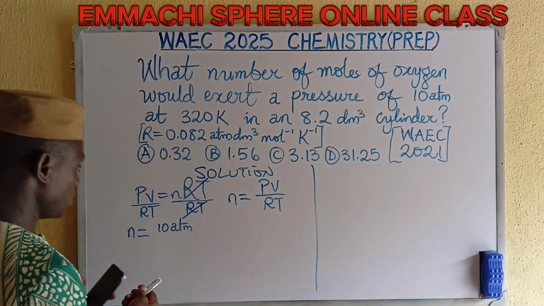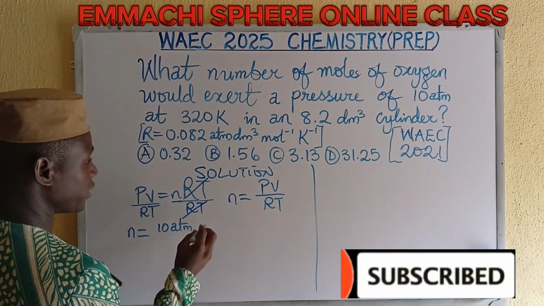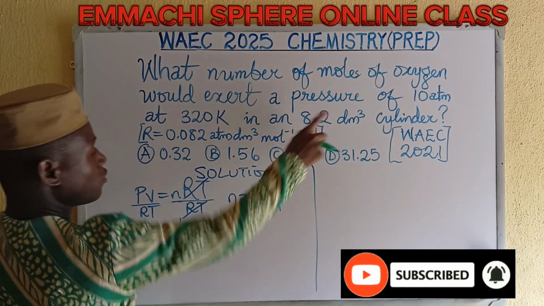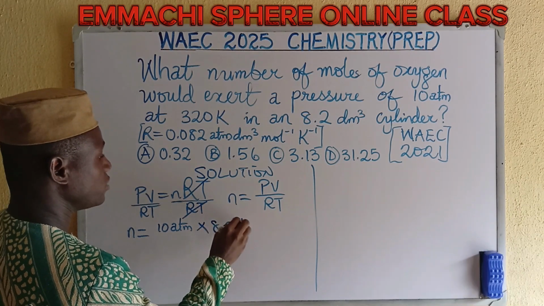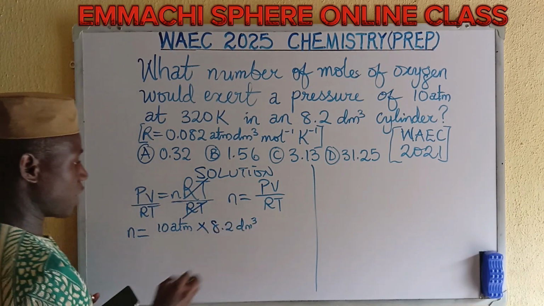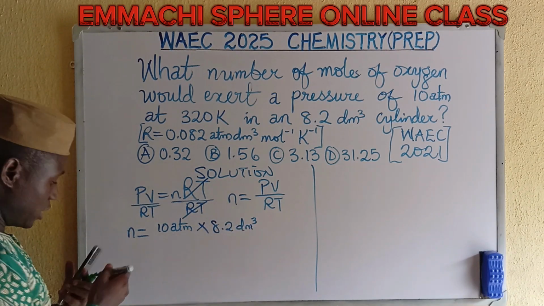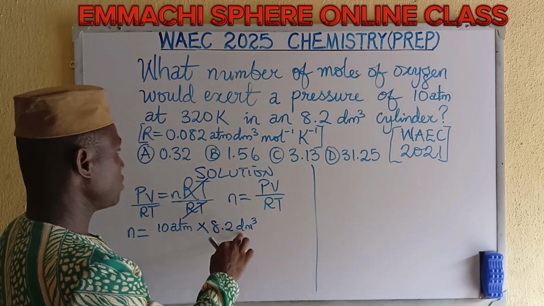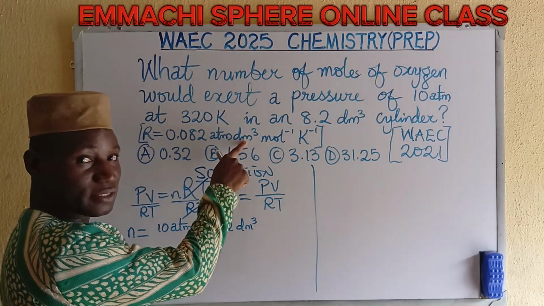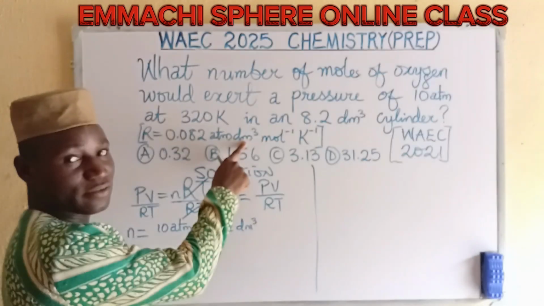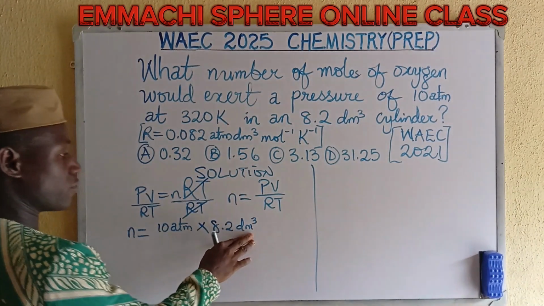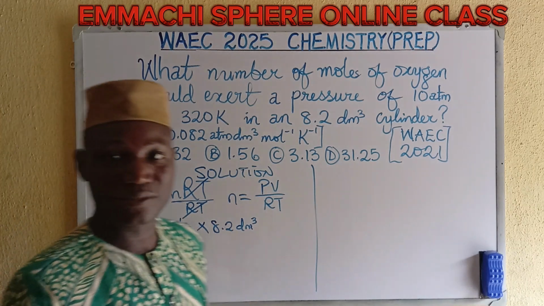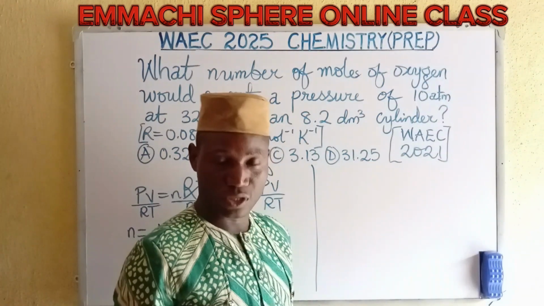So the pressure is 10 atm times, what's the volume? The volume is 8.2 decimeters cube, or dm cube if you like. Dm cube being the unit, we are not converting further because the gas constant has dm cube as the volume. But assuming it is given to us in centimeters cube, we must convert it to decimeters cube.